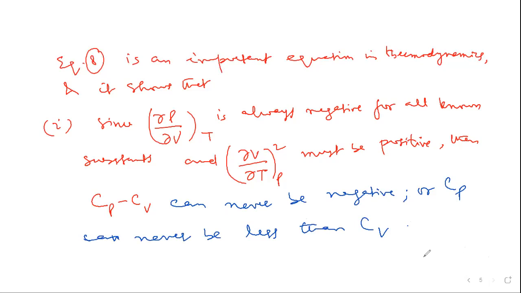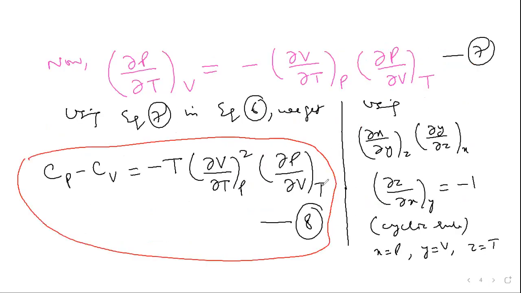I repeat, ∂P/∂V at constant T is always negative for all known substances, and (∂V/∂T at constant P) squared must be positive because it is a square. Then Cp minus Cv can never be negative because in this equation, this thing is always negative, this is always positive, and we have a negative here. So negative times that negative is positive. That means Cp minus Cv can never be negative, or Cp is always greater than Cv. It can't be less than Cv, right?